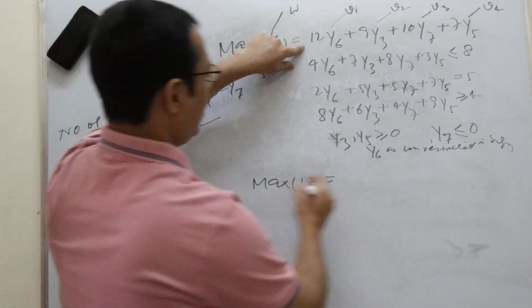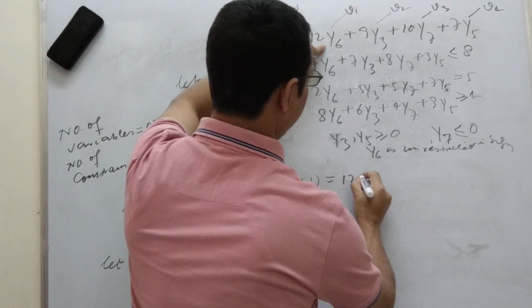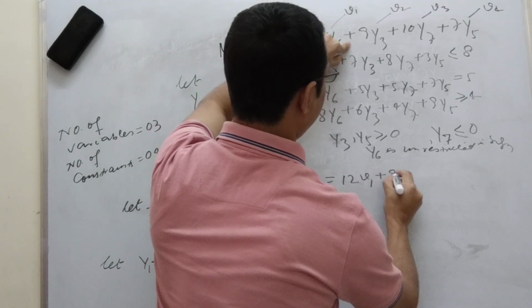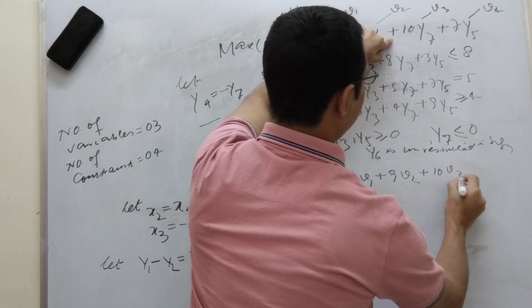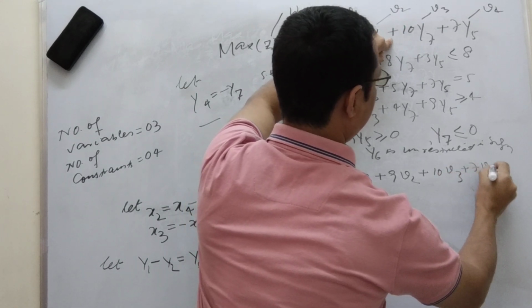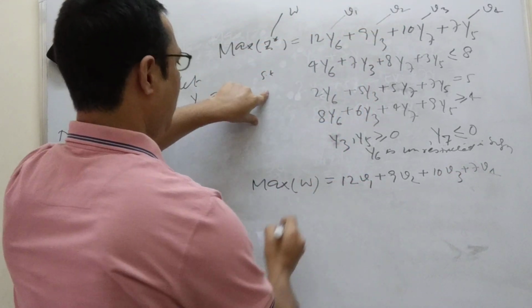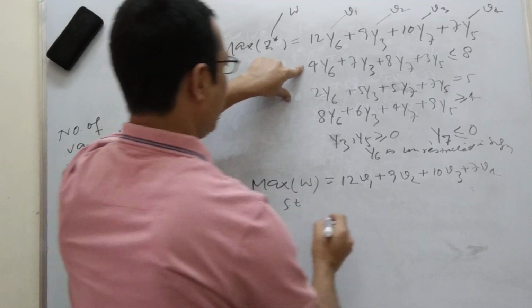Now max w is equal to 12 v1 plus 9 v2 plus 10 v3 plus 7 v4. Now it will show you in certain order, so you will find the exact relation.